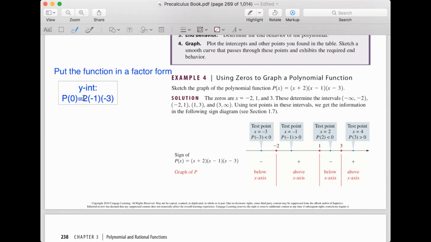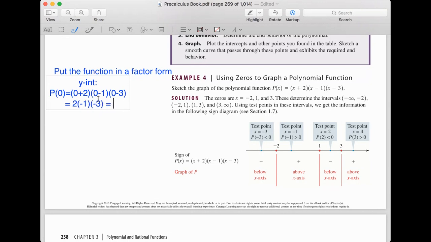Let me put 0 here, maybe at the first step. So 0 plus 2, then 0 minus 1, then 0 minus 3. Let's just substitute x with 0. Now we have 2 times -1 times -3.